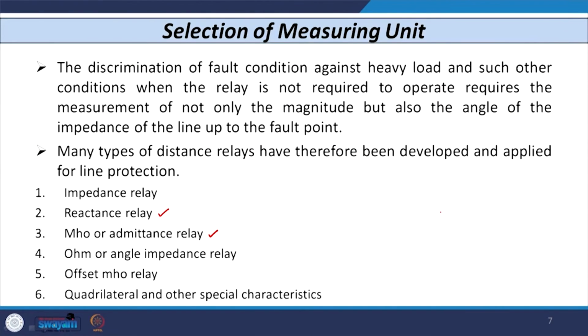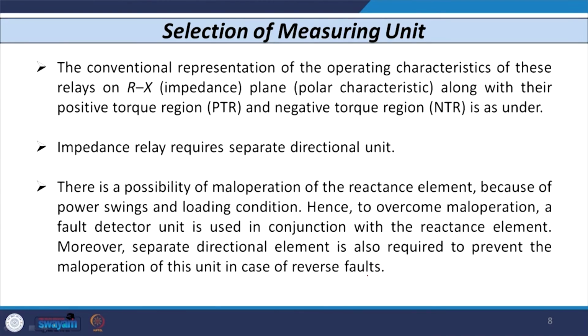We have discussed all 6 types of distance relay characteristics, and each characteristic has certain advantages and disadvantages, so we have to optimize which type of characteristic we want to utilize for a particular operation. Whenever you use any of these characteristics, there is a possibility of mal-operation of a particular distance element.